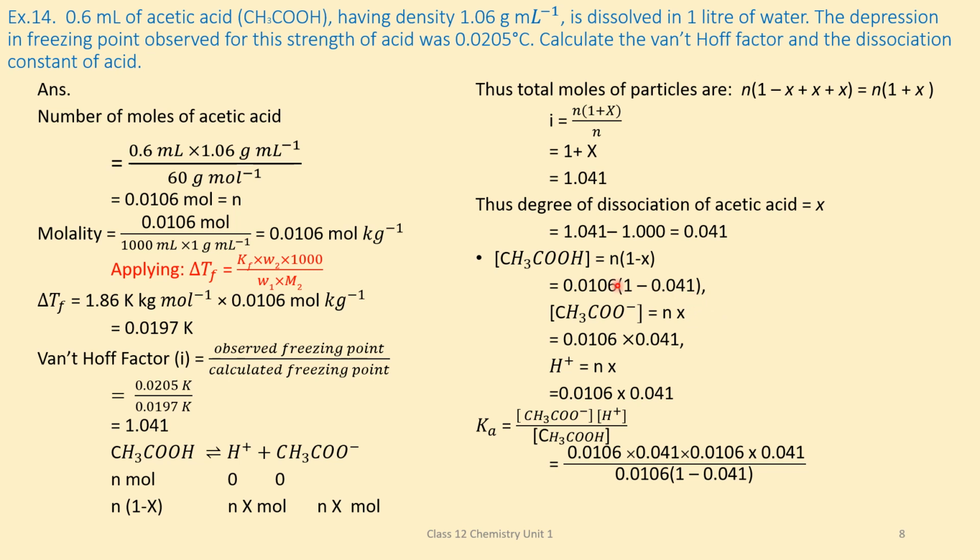That is, we have substituted these values here. Therefore, multiplying and simplifying, we get the value as 1.86 into 10 to the power of minus 5. That is the answer.